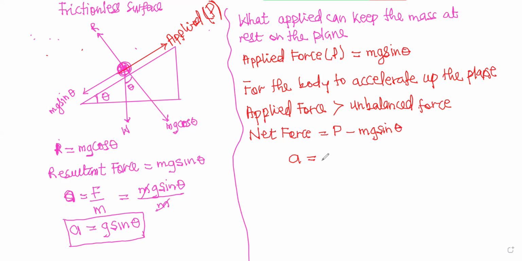Yes, the equation, your formula. A is equal to unbalanced force minus applied force over mass. Look at it again. This is our net force. We agree that for the body to go up, the applied force must be greater. So look at it again.